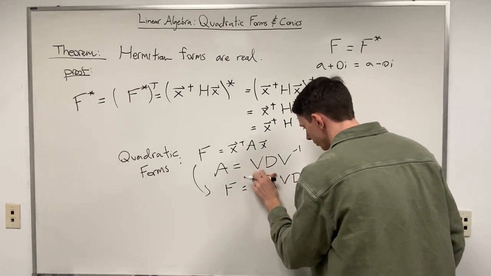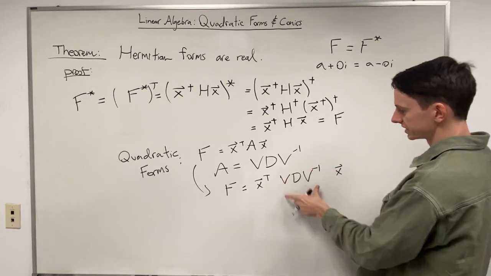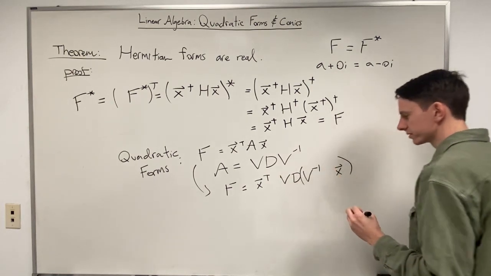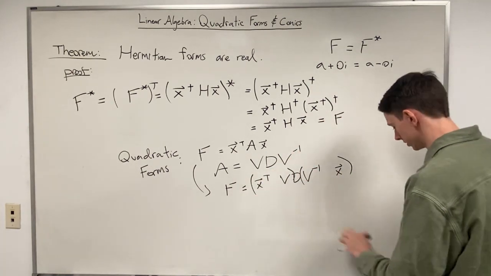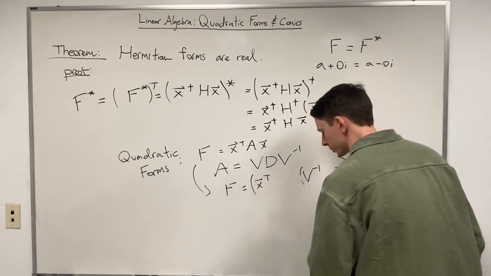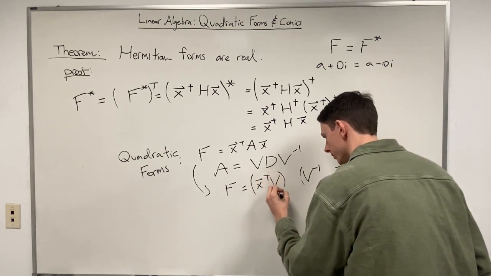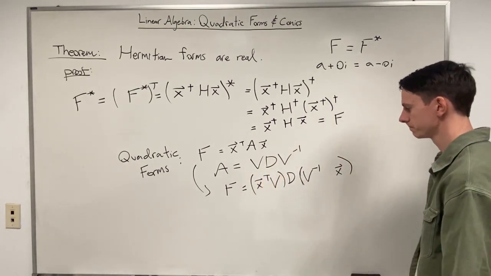Now, rather than write out the parentheses, I started writing them out right there just so we could see the substitution. But I'm going to put the parentheses right here. And I can do this because matrix multiplication is associative, right? So I can put the parentheses wherever I want. So this is supposed to be V. We have D sandwiched in between the two, and then we have this quantity right here.